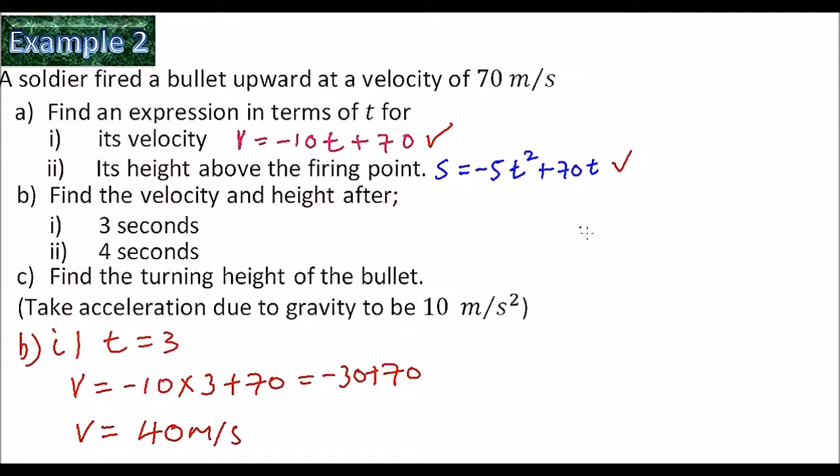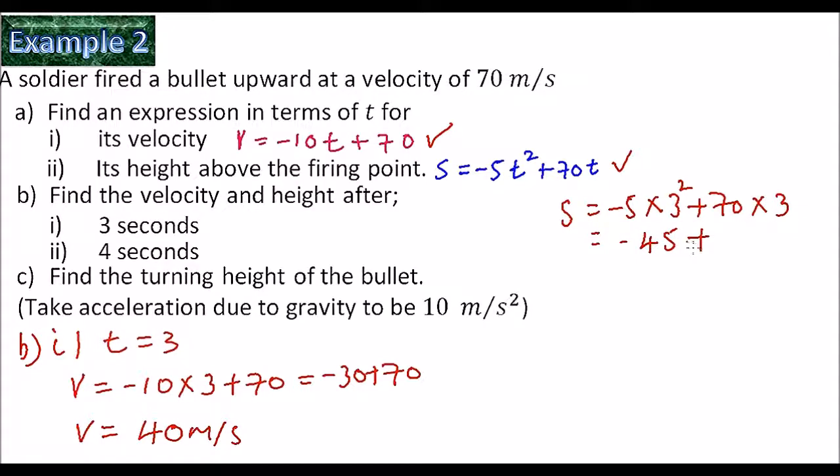Then we look for the height. S is equal to minus 5 multiplied by time, which is 3 seconds, so 3 squared, plus 70 multiplied by 3. So this is equal to, 3 squared is 9, 9 times minus 5 you get minus 45.